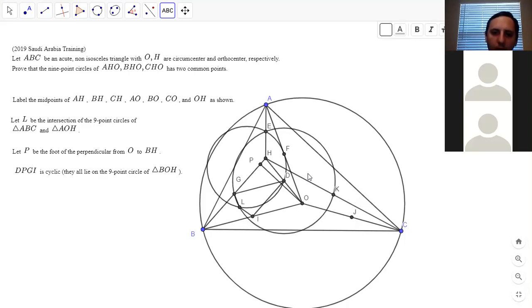Wait, now I'm starting to wonder if I actually solved it. I wanted to show that angle ILD is IGD. IGD is DOB.